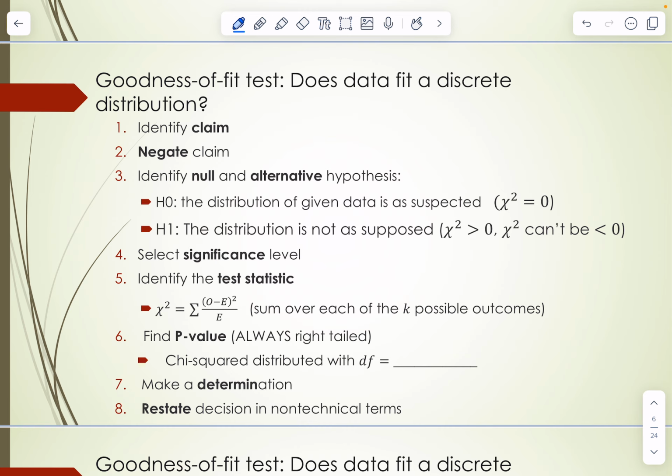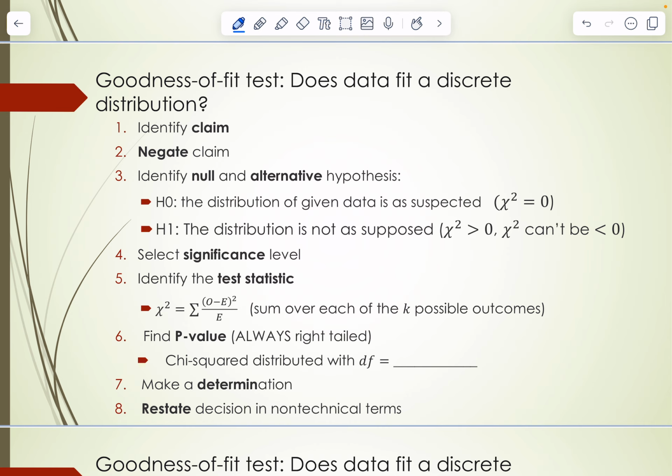Here is the hypothesis test, all 8 steps. So, a goodness of fit test: does my data fit a theoretical distribution? First thing you do is identify the claim, then you negate the claim or take the opposite of the claim. After that, you identify the null and alternative hypotheses.